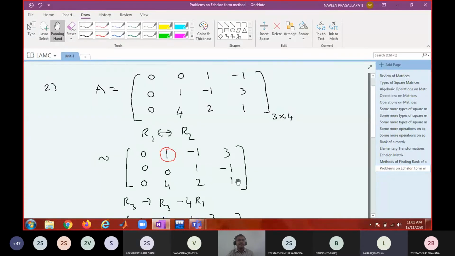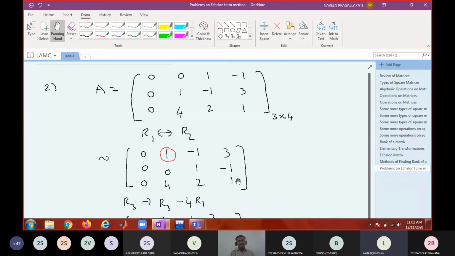So I'll convert this into A transpose, then do the same thing and find the rank. Can I say that the rank of the transpose is equal to that of A? Rank of A will be equal to rank of A transpose. Definitely. So I'll just transpose this and find the rank. Yeah, you can do it.